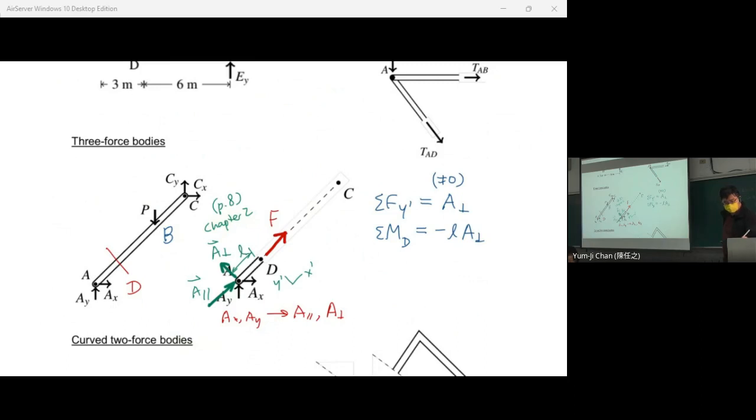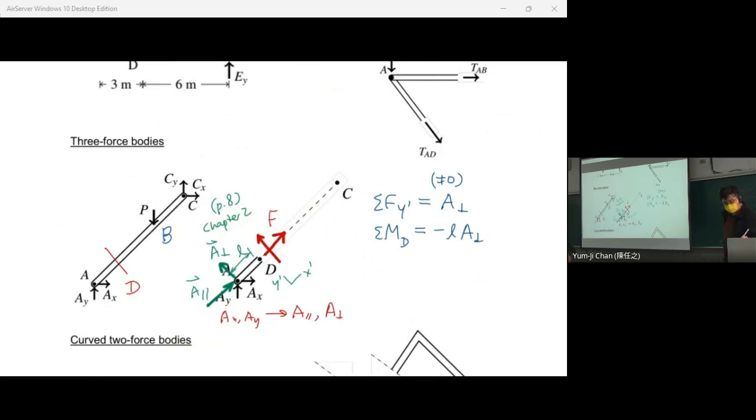We need to add something called shearing force V and bending moment M. Okay. For free force bodies or non-straight two force bodies.